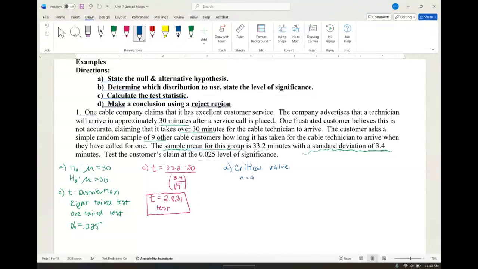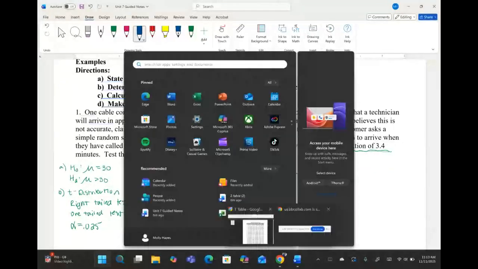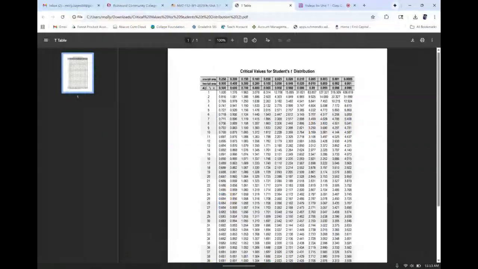Since n is 9, our degrees of freedom is 8. Our level of significance is 0.025, and this is a one-tailed test. So let's look at our table and find the value that we need. This is a one-tailed area of 0.025, degrees of freedom is 8, and we have a one-tailed test, so I'm going to say 2.306.